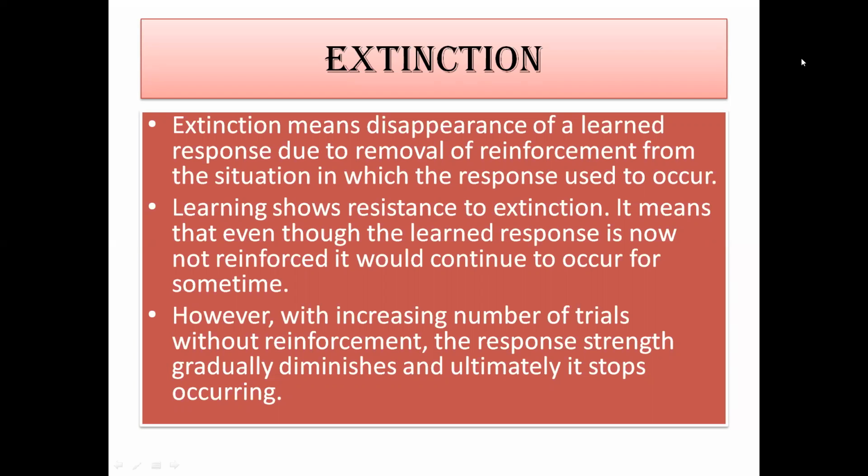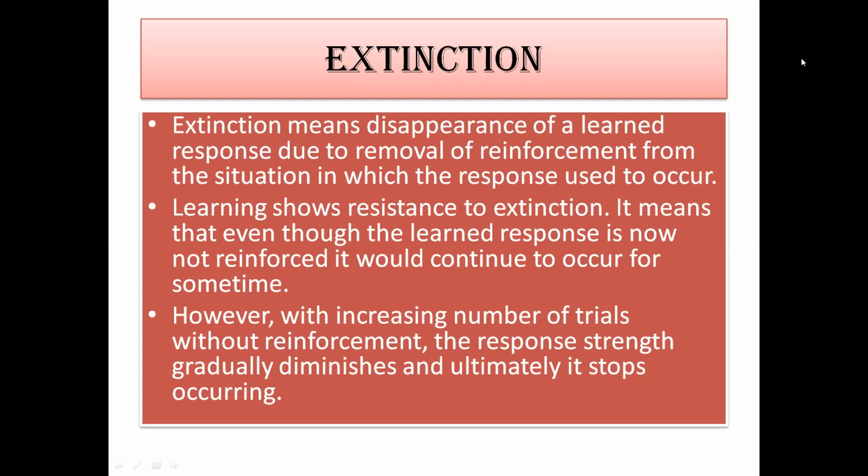So learning shows resistance to extinction. Interesting. It means that even though the learned response is now not reinforced, it will continue to occur for some time. However, with the increasing number of trials, the response strength gradually diminishes and ultimately it stops occurring.